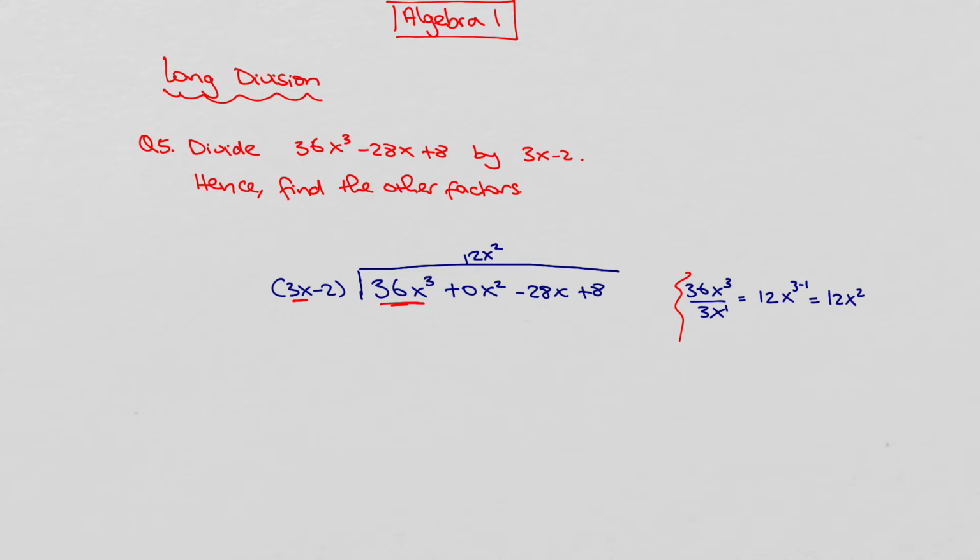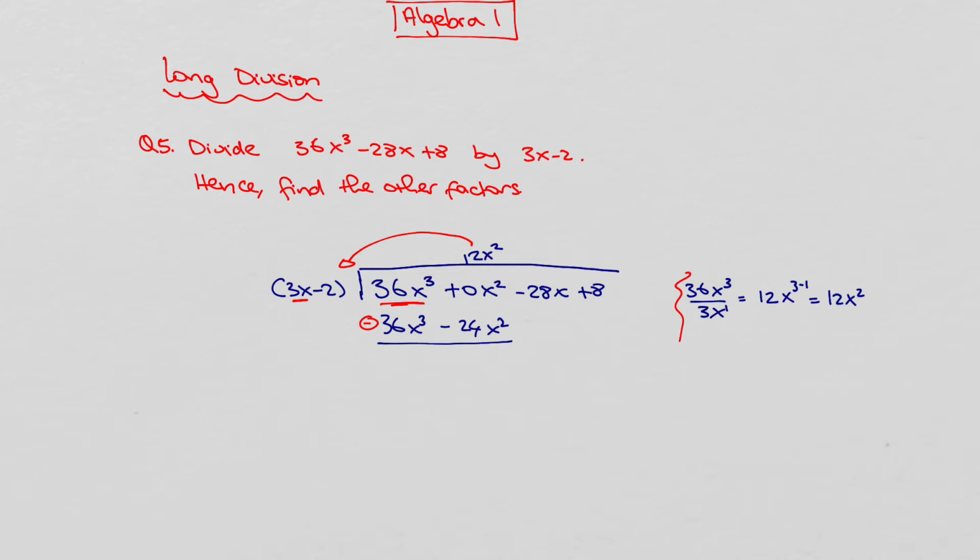I then take this 12x squared term and multiply it back out by the 3x minus 2. So 12x squared by 3x gives us 36x cubed. 12x squared by 2 is minus 24x squared. Then I'm going to subtract each of these terms. So I have 36x cubed minus 36x cubed, in other words I'm changing the sign there.